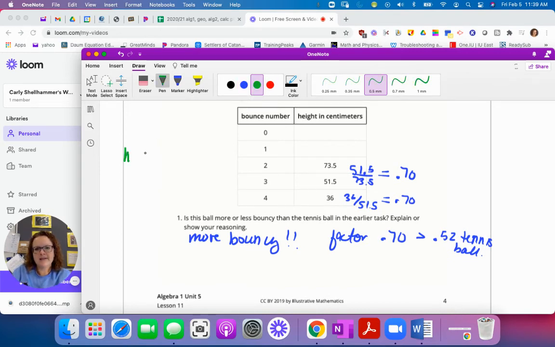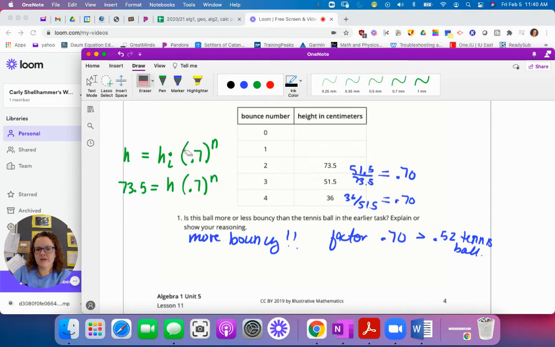My height is going to be equal to my initial height, which I don't know, times 0.7 to the n. Well, if I know my height was 73.5, I'm not sure what the height prior to that was, but 0.7 to the n.